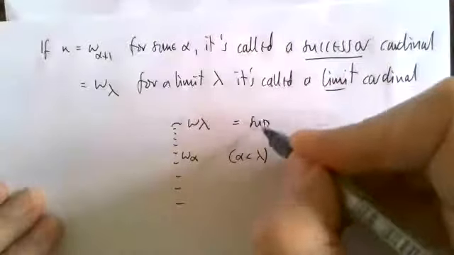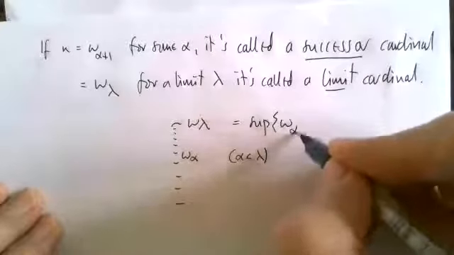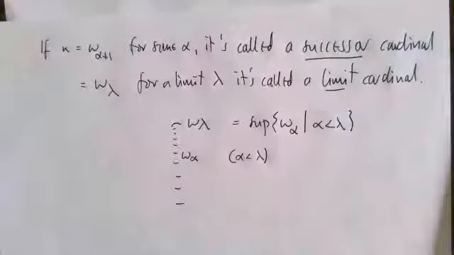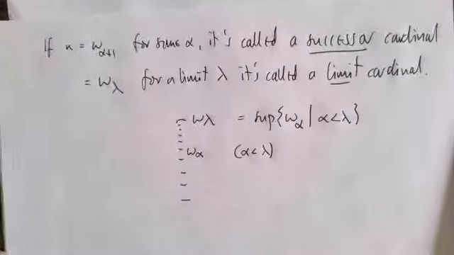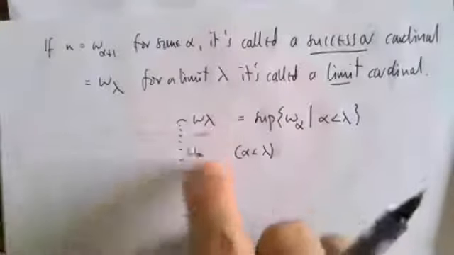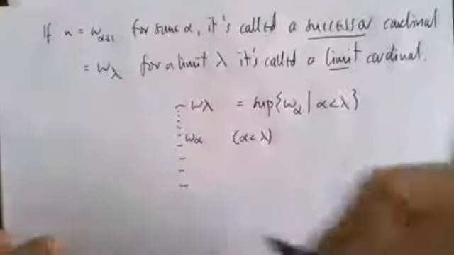Again, to give its definition again, it's the supremum of the previous ones. So we can always get to the next cardinal by going one more step in our enumeration.